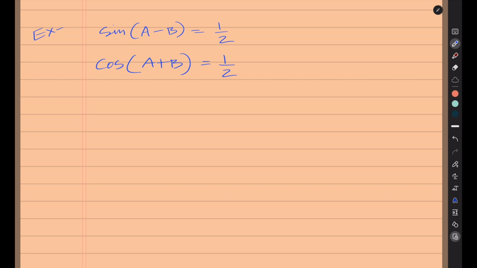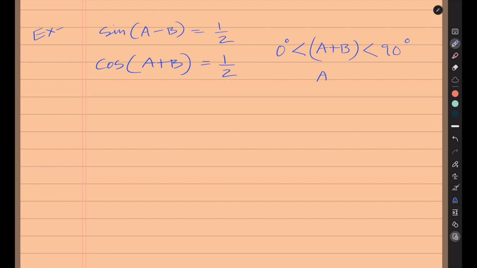And there is some condition given that angle A plus B is greater than 0 degree but together less than 90 degree.